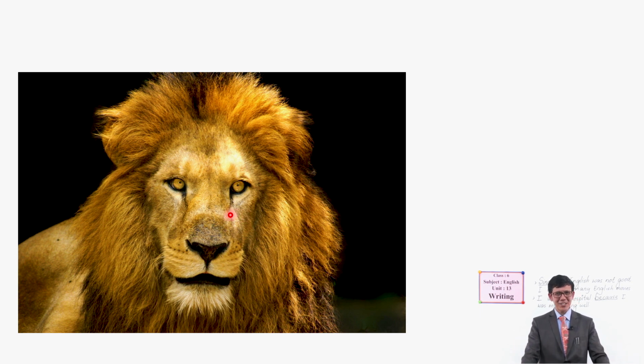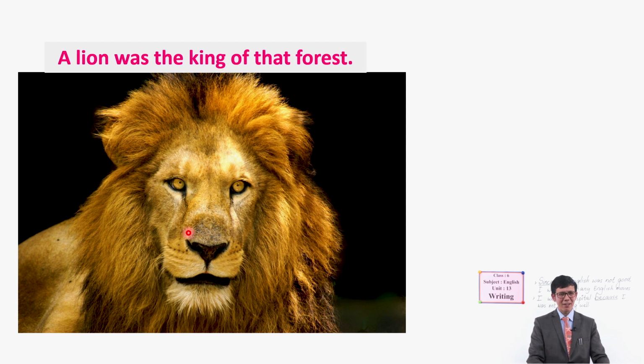Yes, you can see the lion, king of the what? Forest. So what do you think the second correct sentence is? Wonderful. The second correct sentence is, a lion was the king of that forest. Very good.